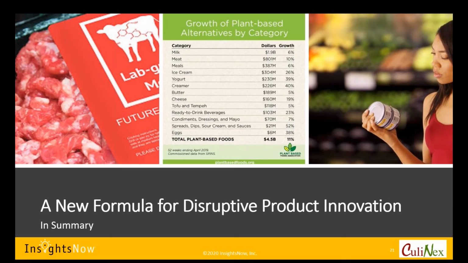But for this reason, as Mark pointed out, agile processes such as CRAVES, which we've presented here, which are comprised of these iterative learning sprints, are really becoming a best practice for more rapidly and cost effectively bringing new improved products to market.